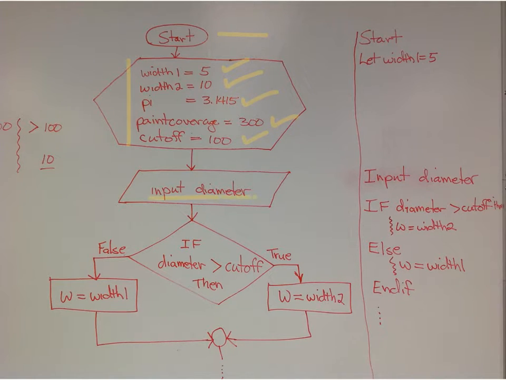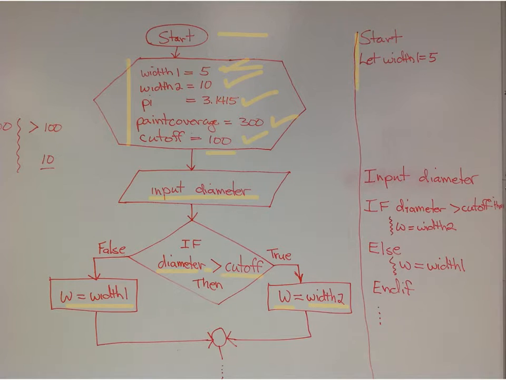So we input the diameter, and we say if that's greater than the cutoff, then our width, the W we're going to use in our calculation further down, becomes width 2, which is 10. If this is false, then we're 100 or less, and we're going to use width 1, which is 5.